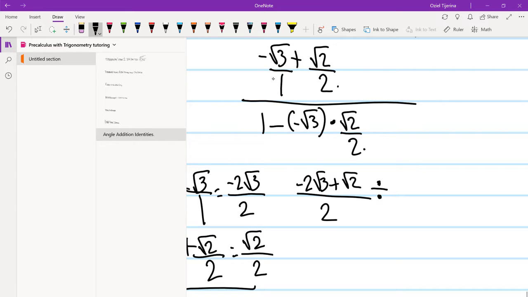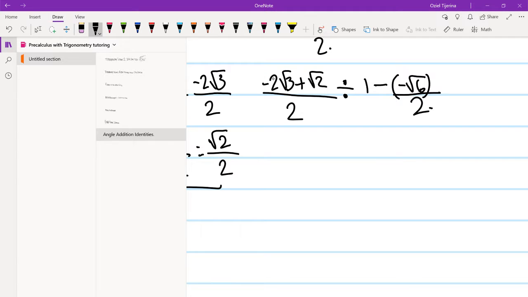So it would be negative 2 square root 3 plus the square root of 2 over 2, divided by 2 over 2 plus the square root of 6 over 2.